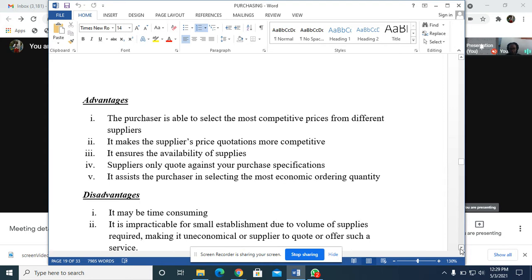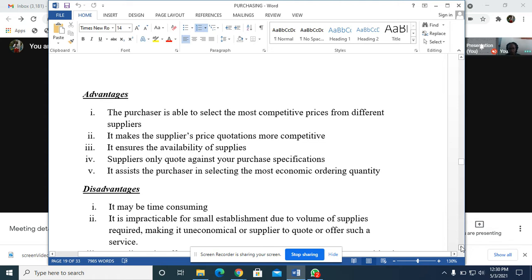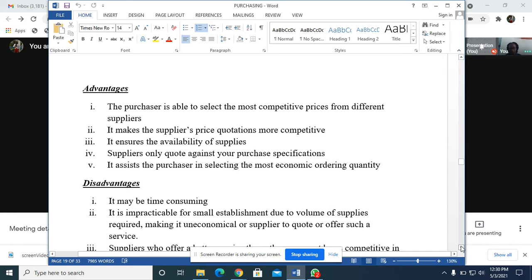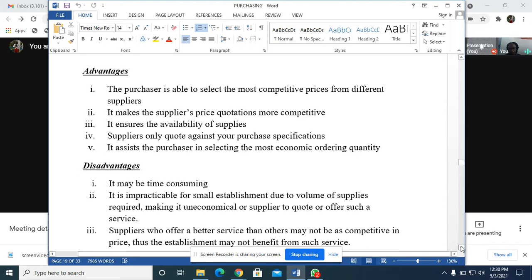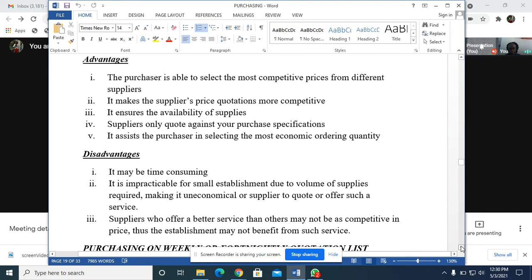Two, it makes the suppliers' price quotations more competitive. So that means that suppliers who intend to be used as a supplier of a certain catering outlet will ensure that their prices are competitive and the best, so that they can be given the task of supplying the commodities to the catering establishment.